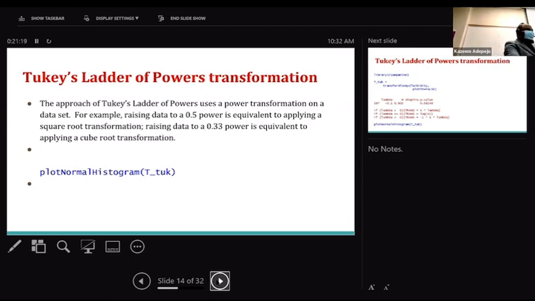Instead of taking the log, the square root, or the cube root, we have a new approach that we call the Tukey ladder of power transformation. I'm going to walk you through the Tukey way of transforming ANOVA data, and I'm also going to walk you through the Box-Cox transformation.